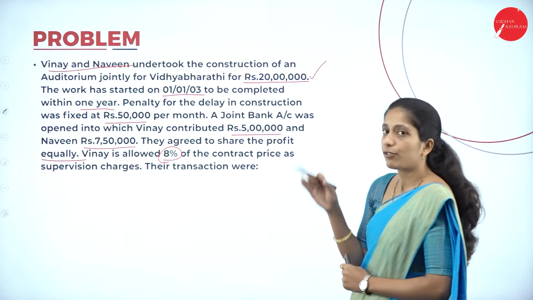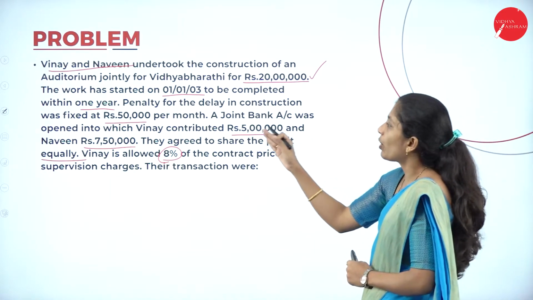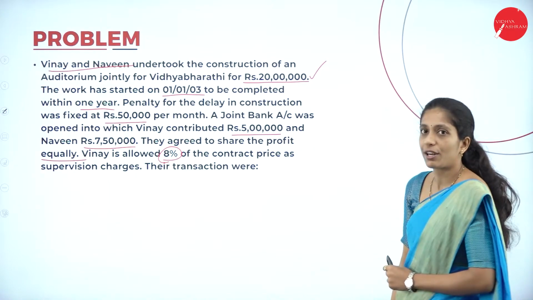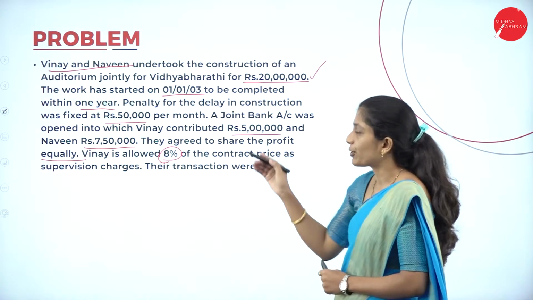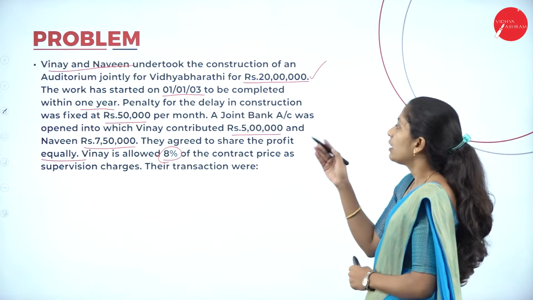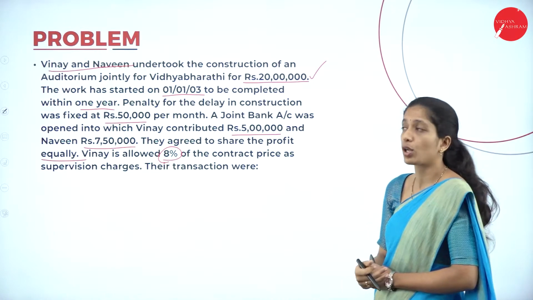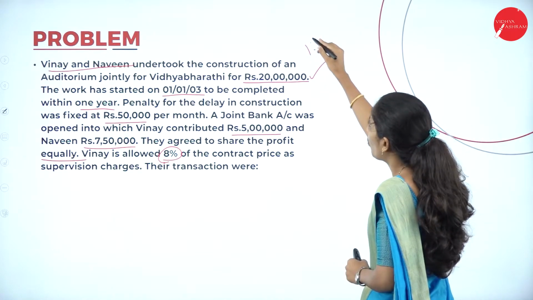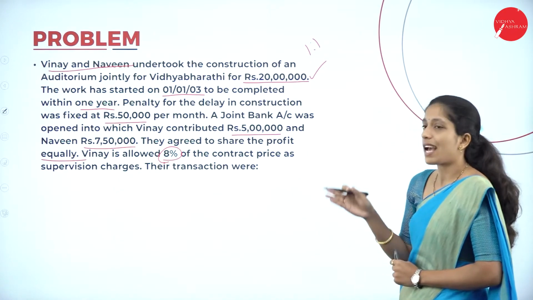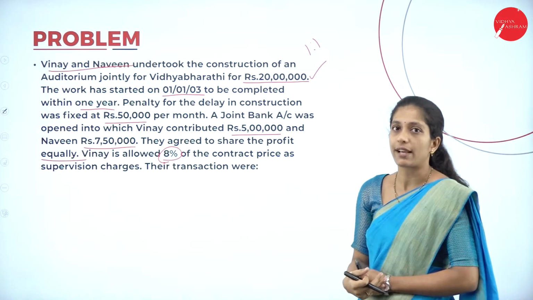Next, they opened a joint bank account, for which one of the parties, that is Vinay, contributed 5 lakh and Naveen contributed 7,50,000 into the joint bank account. They agreed to share the profit equally. So their profit sharing ratio is what? 1:1.